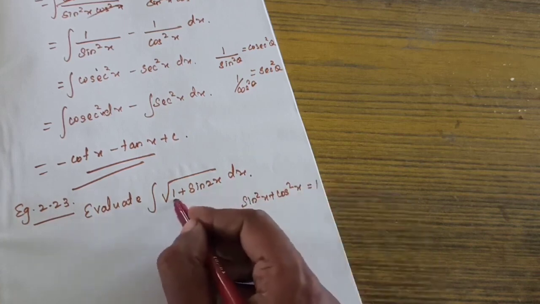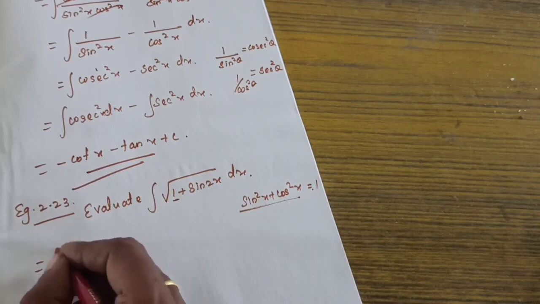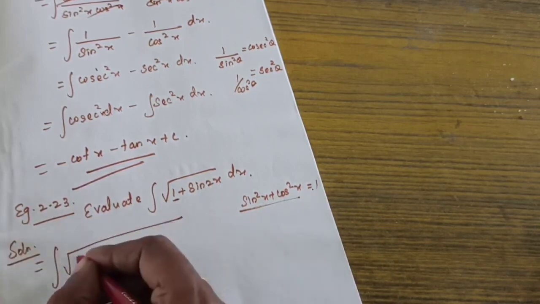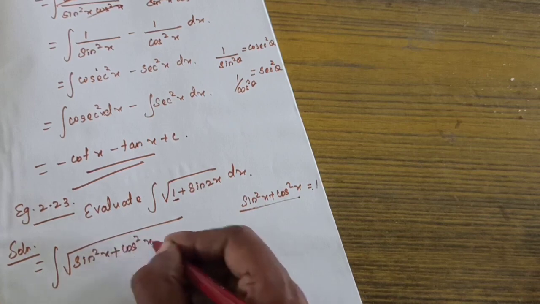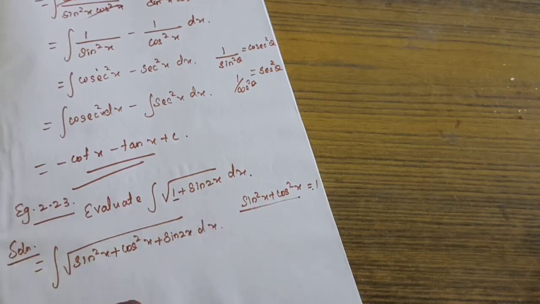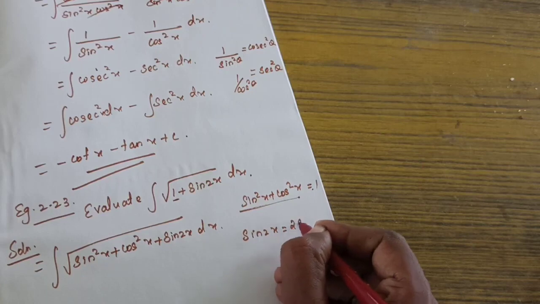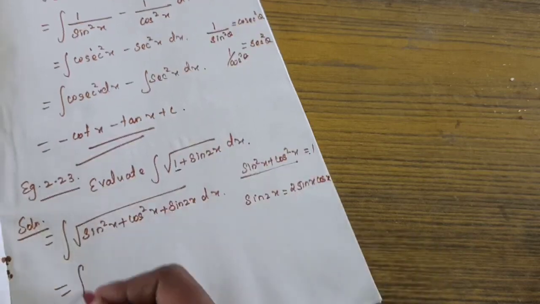Equal to 1. So in the place of 1, shall I write sin square x plus cos square x? We can write integration of square root of sin square x plus cos square x plus sin 2x dx. Sin 2x you have learned as one formula connecting cos and sin, that is 2 sin x cos x. So shall we substitute here?